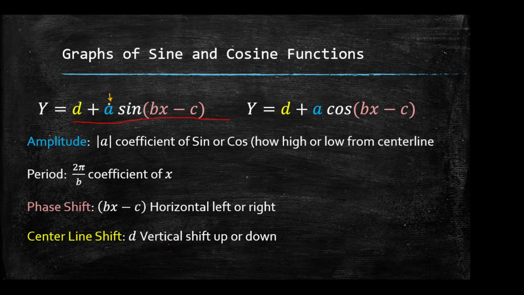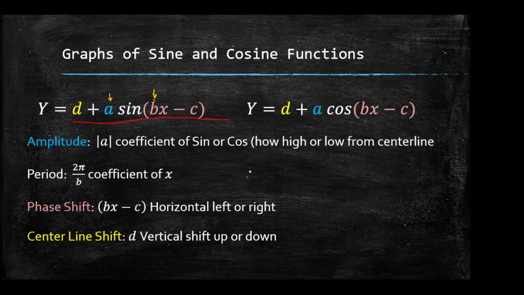Okay, but this is just like we did with any of our other transformations, right? If I put a up there, it's either going to stretch or compress it vertically. Same thing for the cosine function. And then the next thing is the period. We calculate the period with this equation right here. So the period is 2 pi over b, which is the coefficient of x. And so this is the b value here.